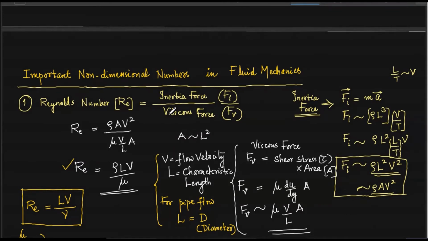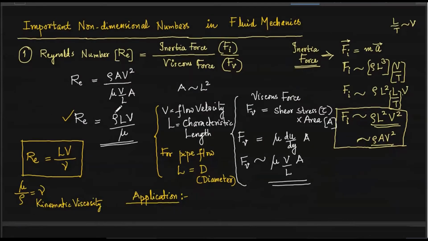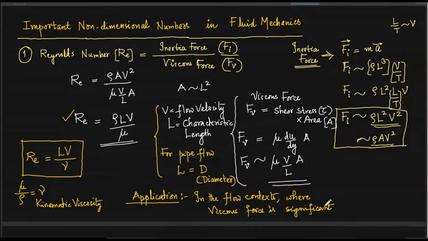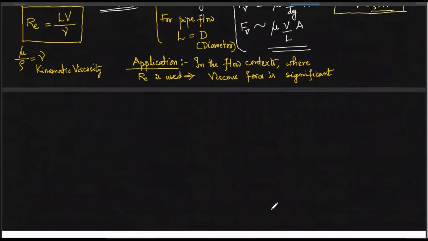So whenever viscous force is dominant, Reynolds number can be considered for the flow analysis. Reynolds number is an important non-dimensional number in fluid flow situations where viscous force is important. So Reynolds number is used in the flow context where viscous force is significant.